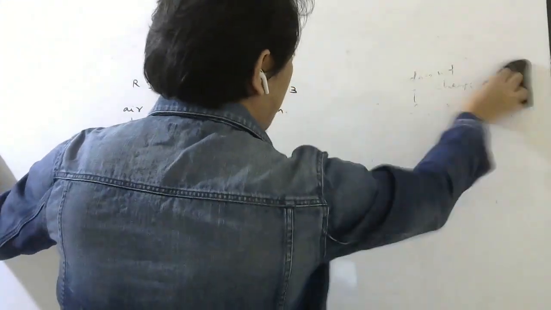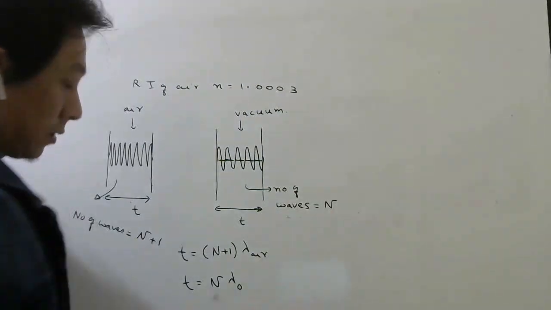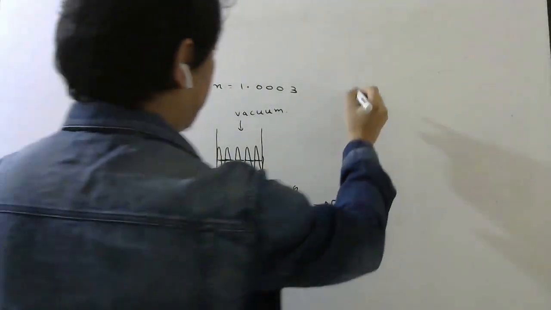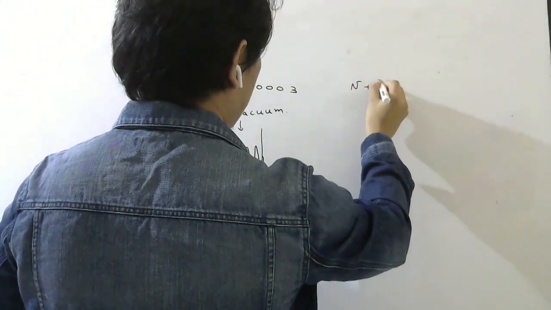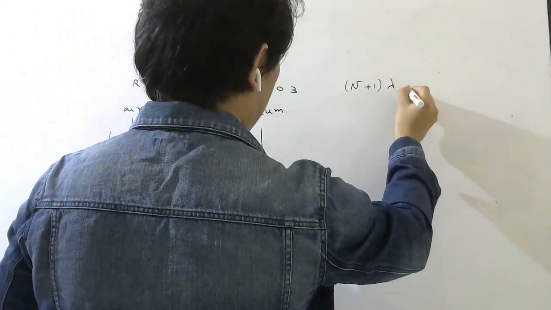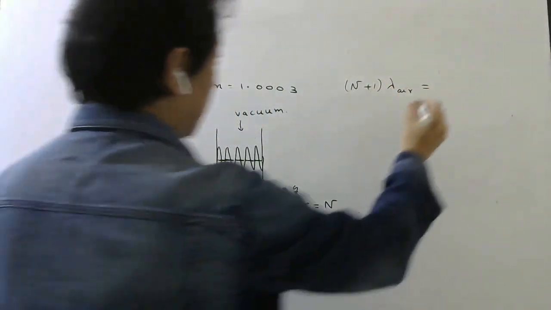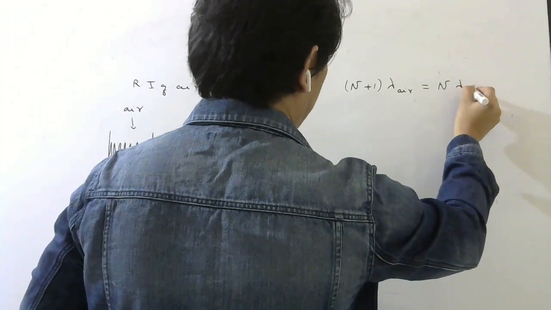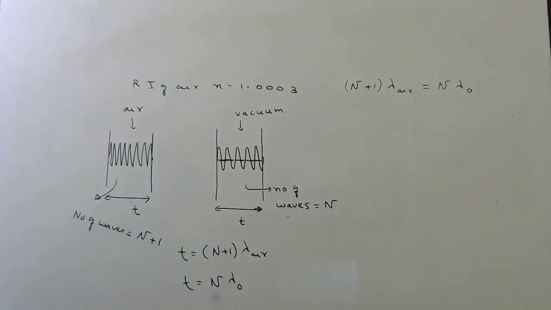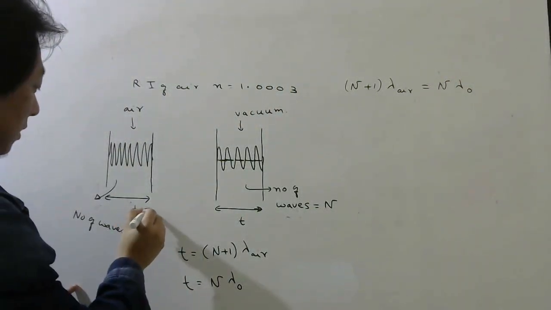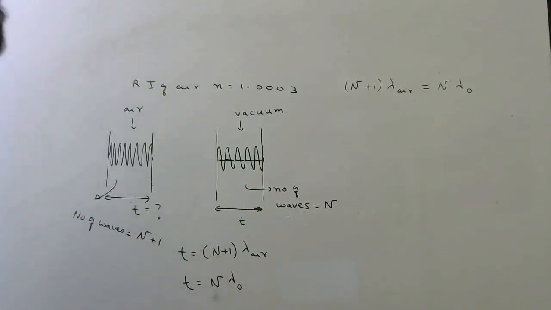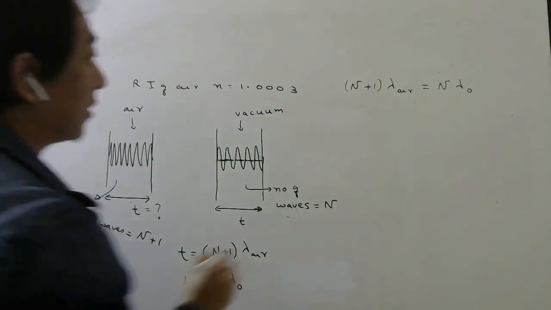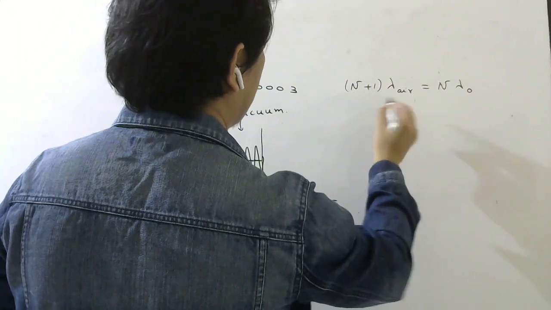Meaning we can equate these two. So if I equate these two, N plus 1 times wavelength in air equals N times wavelength in vacuum. Remember, we have to find the correct thickness of air column. So this thickness we have to find. Here I can now use my formula.